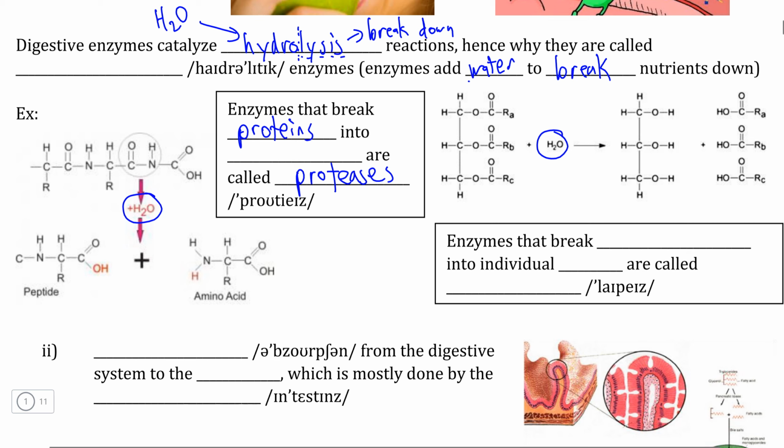These enzymes add water in order to break specific bonds in the protein structure so that the proteins are broken down to their individual components, which are what we call amino acids. So this is one example of a hydrolysis reaction catalyzed by your digestive enzymes.